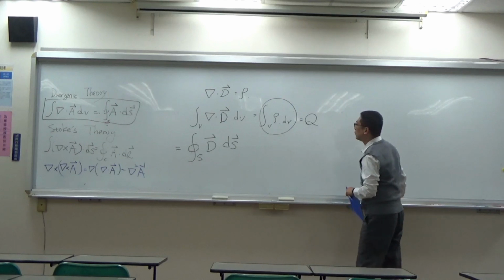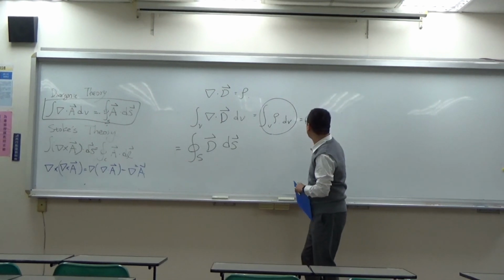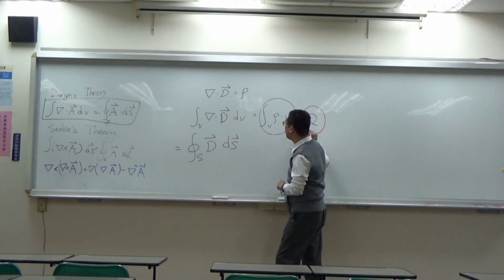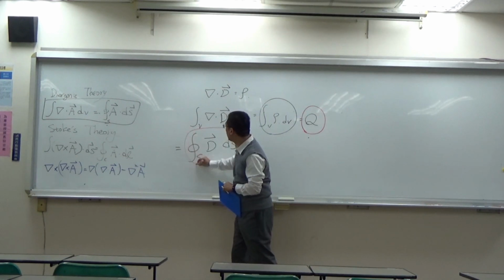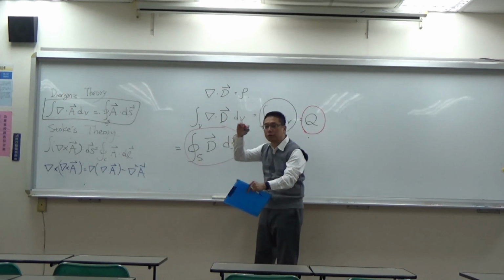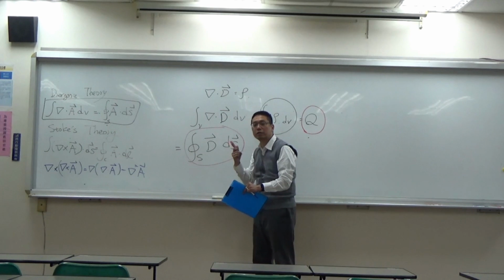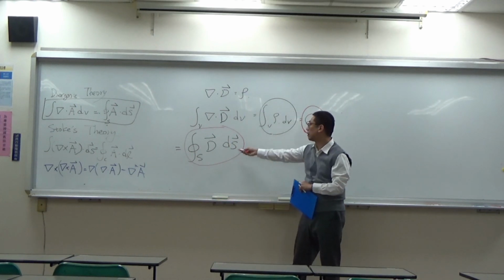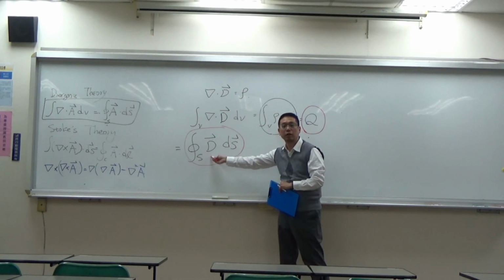You find a connection between Q and the closed surface integration of your D, the electric flux density.